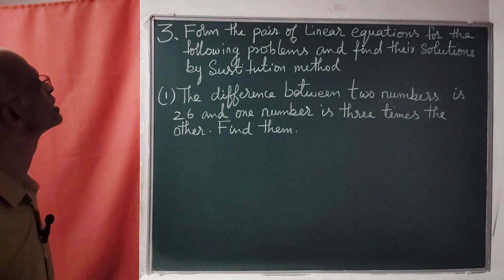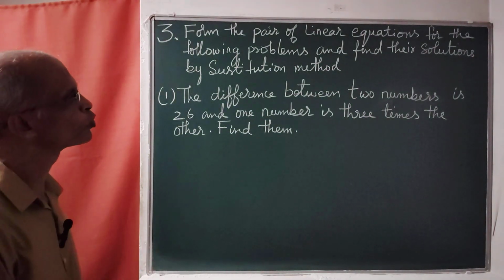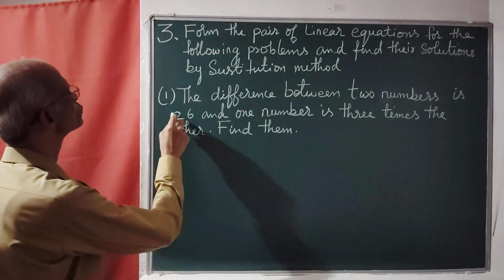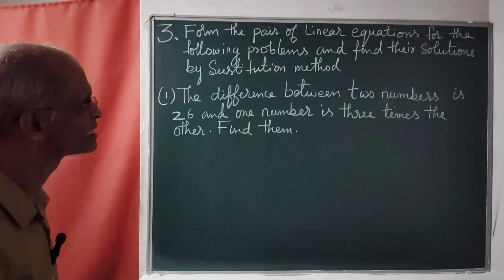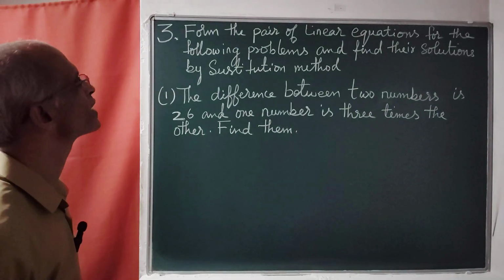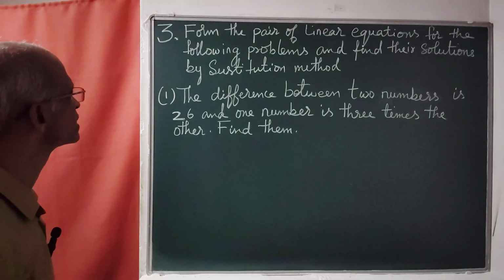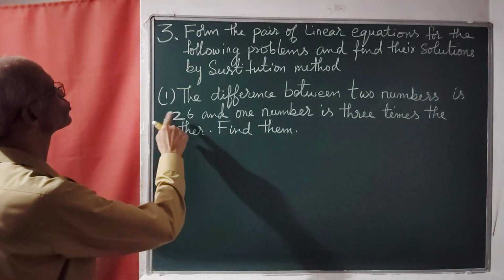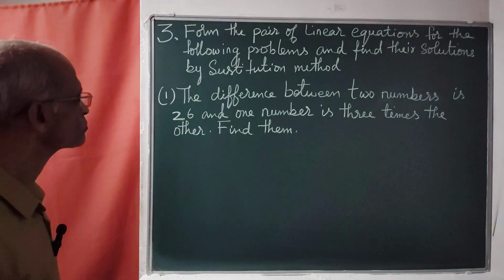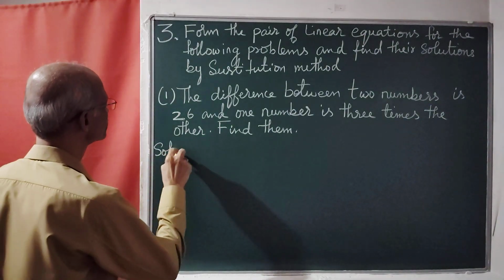The first sum in this question is, the difference between two numbers is 26 and one number is 3 times the other. Find them. The difference between two numbers is 26. Now, solution.